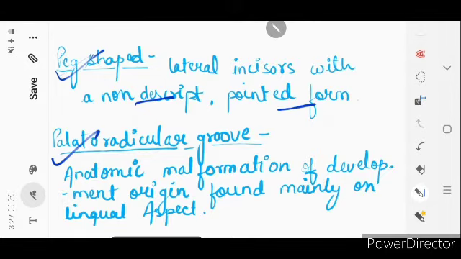Palato-gingival groove is the anatomic malformation of developmental origin found mainly on the lingual aspect. The presence of the palato-gingival groove in maxillary incisors may be a predisposing factor in localized periodontal disease, mainly PDL.